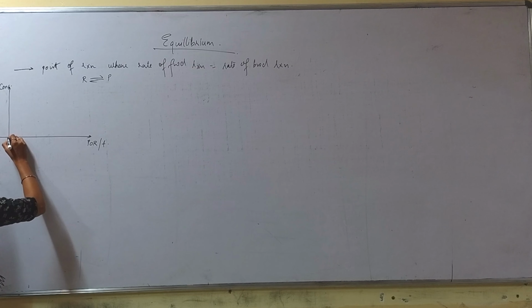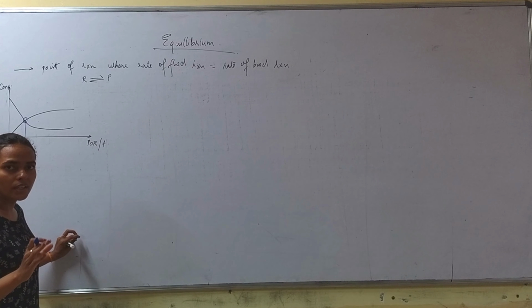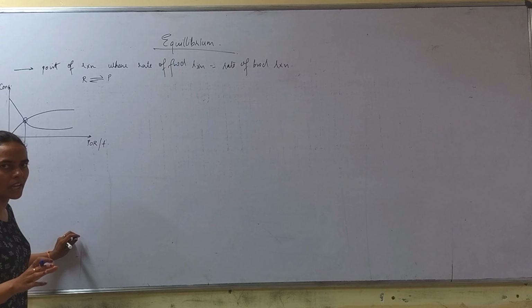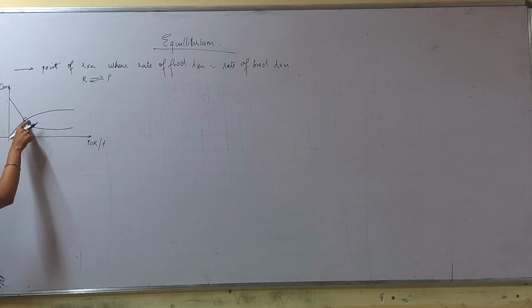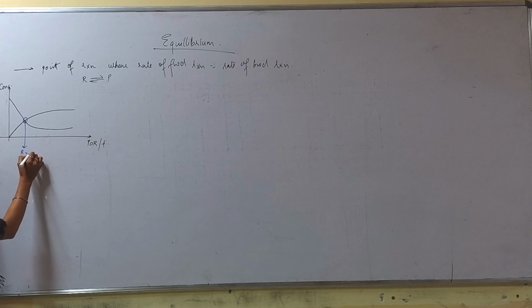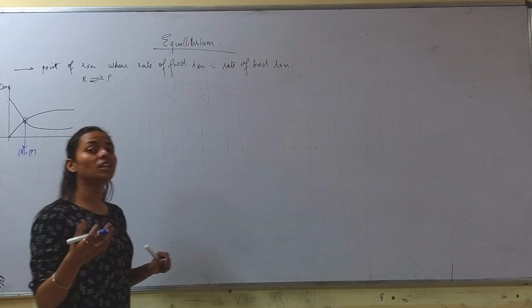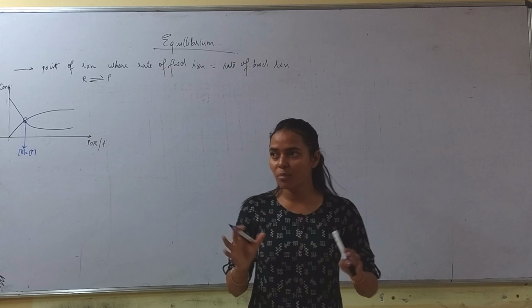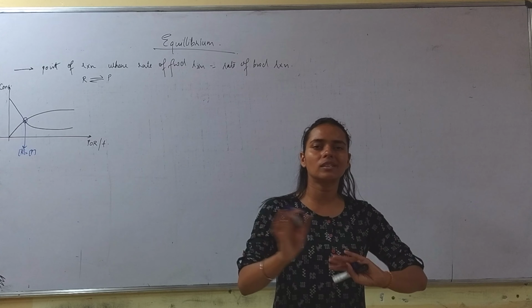This is one hypothetical graph. In this graph, students usually think the point of intersection is the equilibrium point. But this point is just where the reactant and product concentrations are equal, not where equilibrium has been reached. Equilibrium is not when the reactant and product are equal.